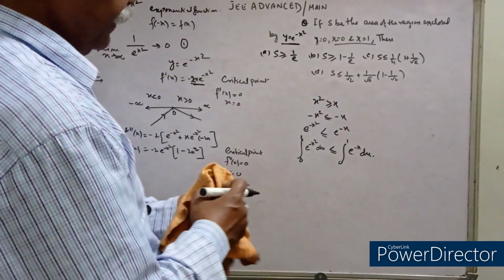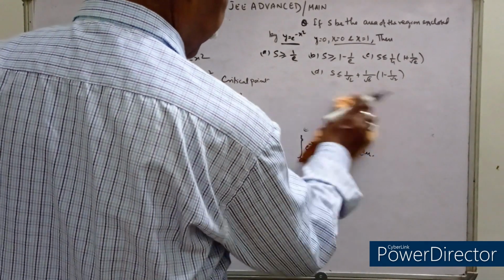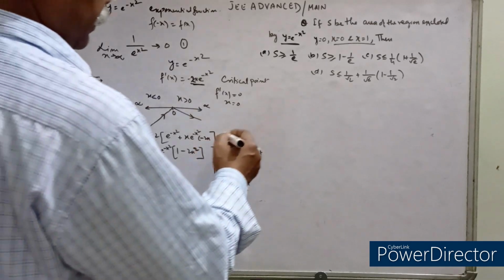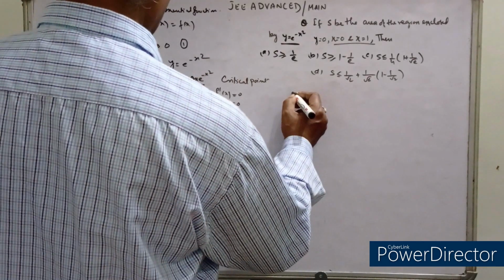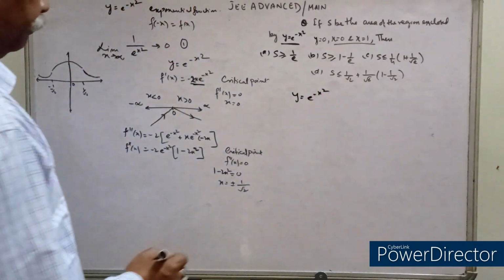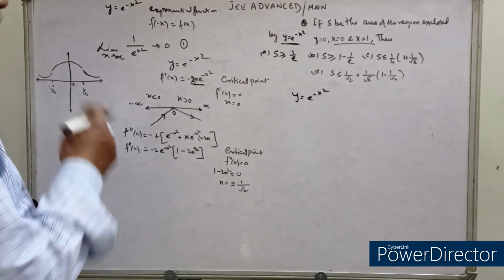So here one thing I didn't tell you: here y is equal to e to the power of minus x square.